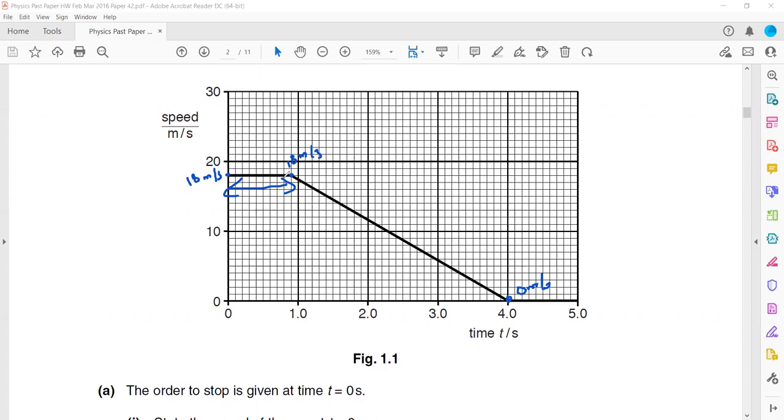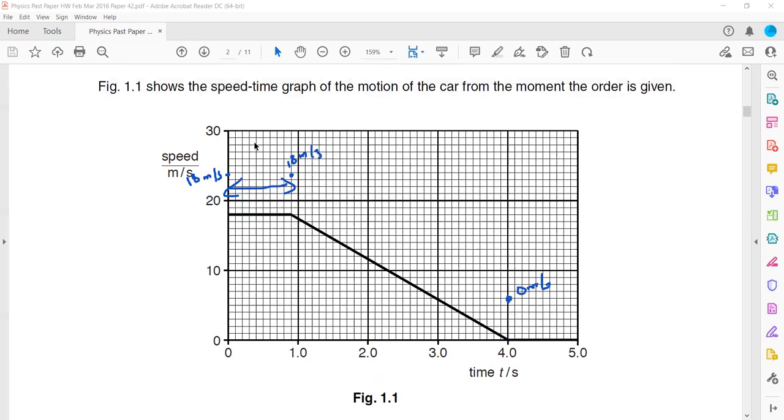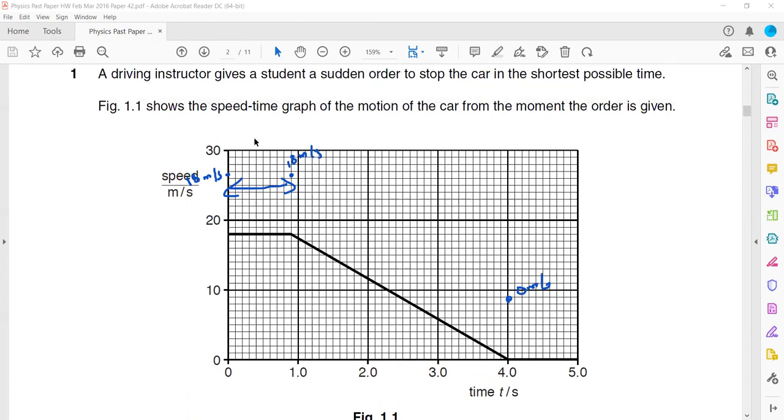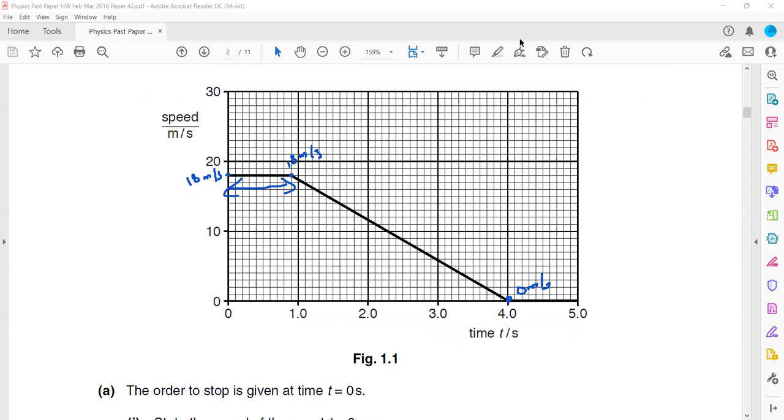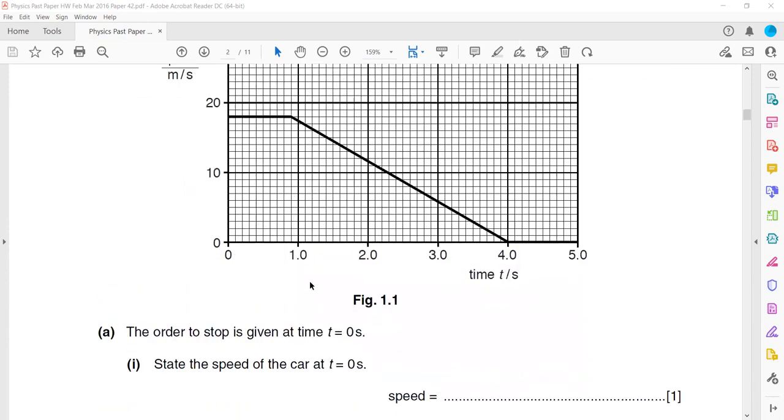You will take time to react to the instruction, and then it will also take time to press the brake pedal. So that is the reason why, even though the instructor gave the order to stop the car, the driver or the student did not stop. Because of reaction time.